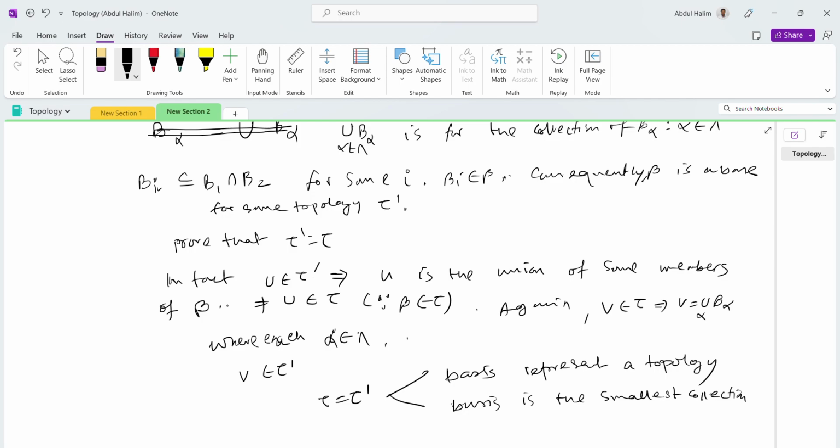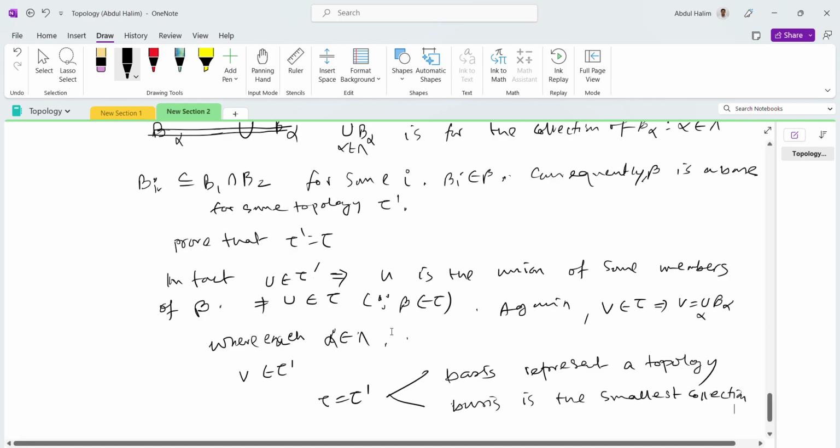One is that a basis represents a topology. Number two, the basis is the smallest collection. Combined, tau is equal to tau1.